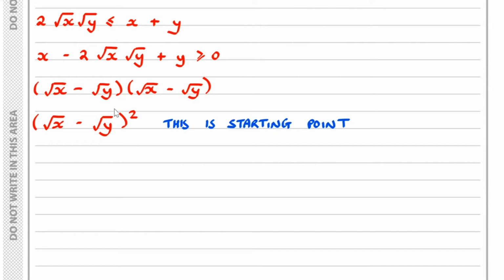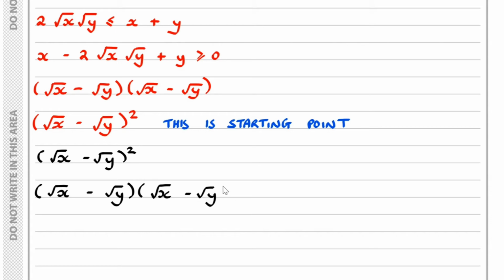So what we'll do to begin with is start off with the line square root x minus square root y all squared. We're going to start off with this line and then work backwards. Square root x minus square root y all squared is the same as square root x minus square root y multiplied by square root x minus square root y. Square root x times square root x is x.